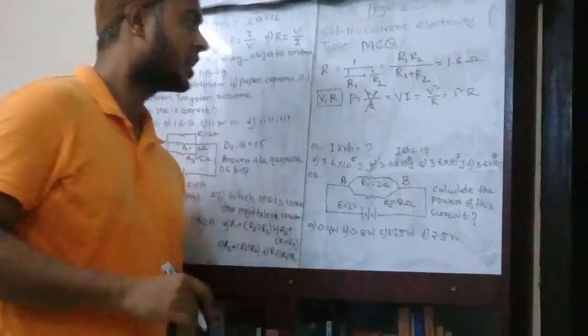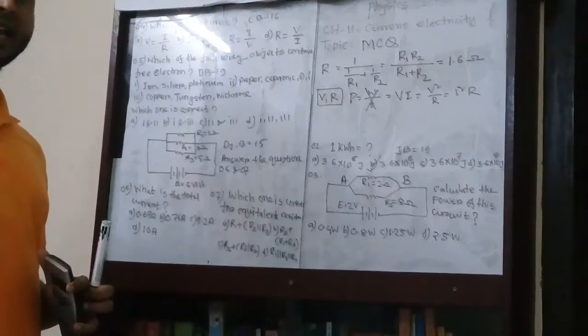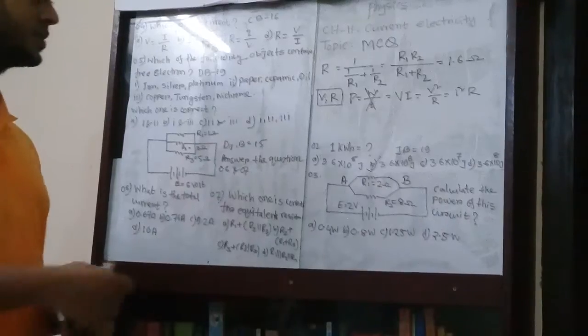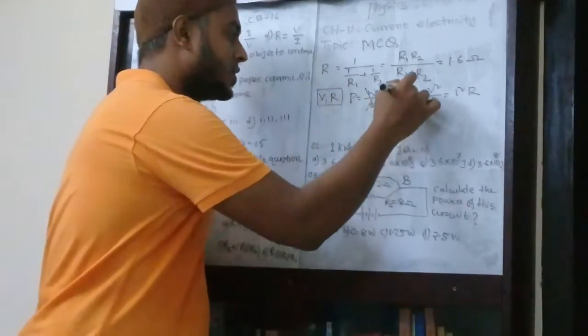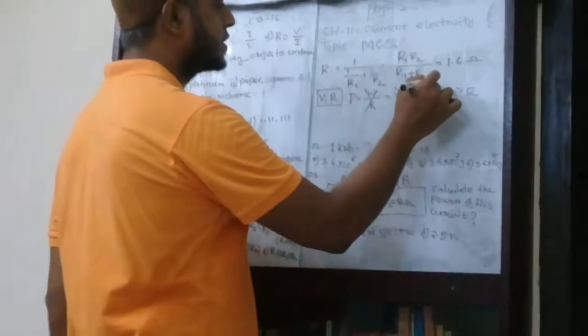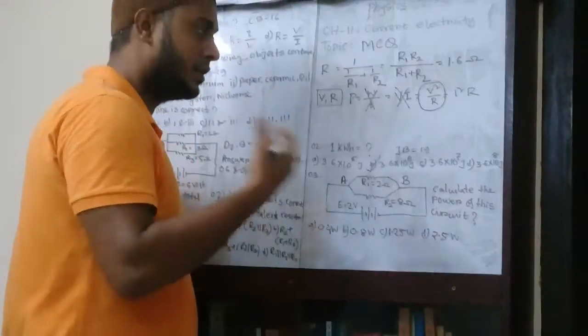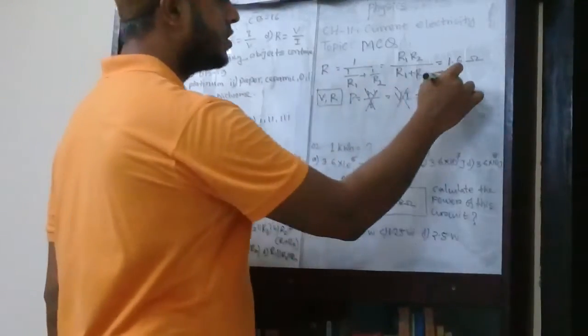Next, if I use V into I, then I have to find out the circuit current, so this is also not a convenient option. And I think the third one, V square by R, is the most suitable option here.